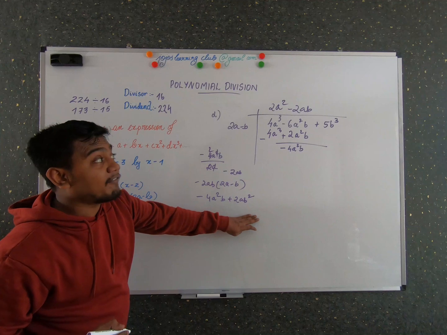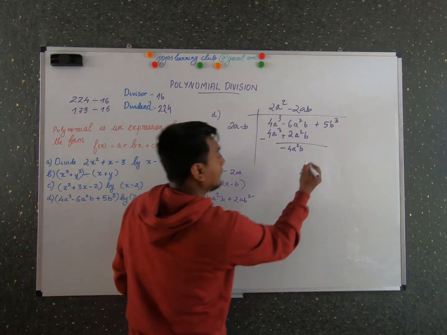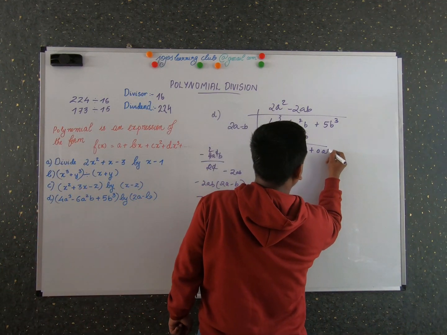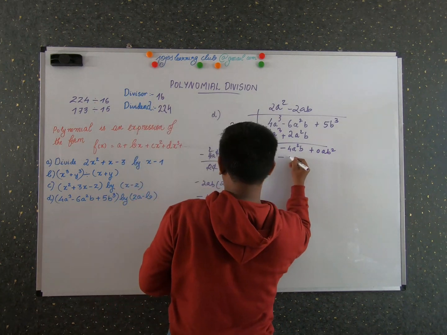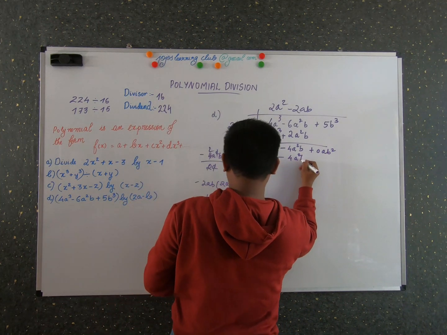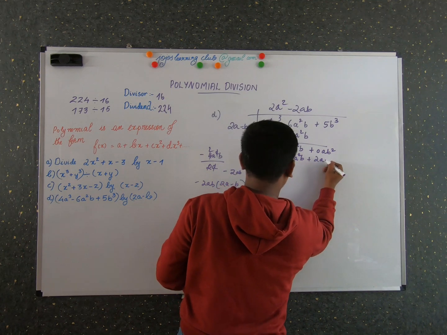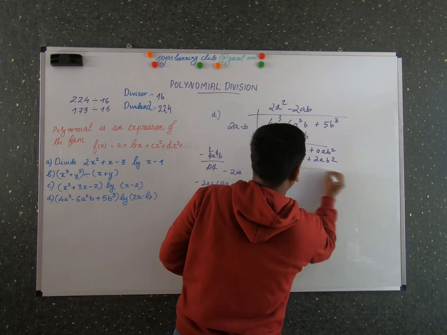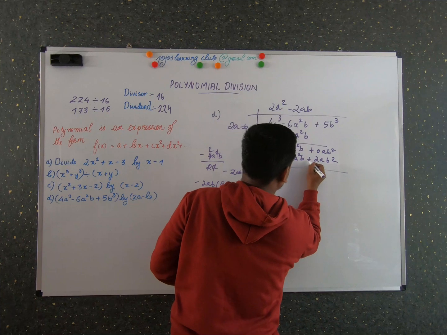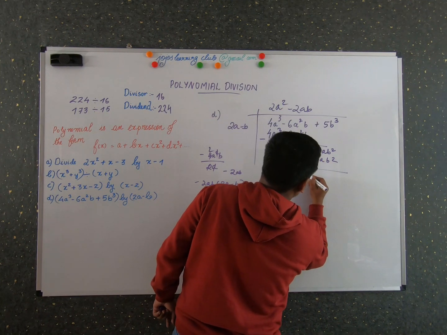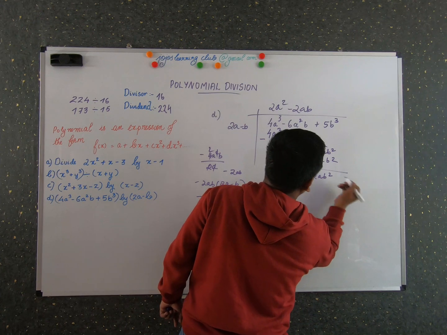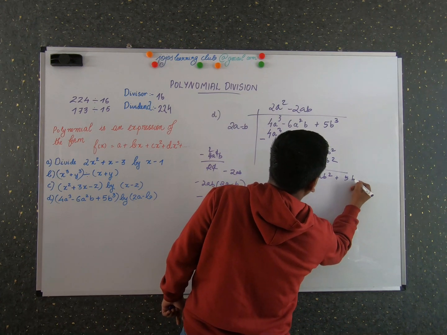But we don't have an ab square term, so what you have to write here? 0ab square, so you don't make any mistakes. So just write this term again back here, minus 4a square b plus 2ab square. Again do the subtraction, so it will become plus and this will become minus. So this gets cancelled and we get minus 2ab square plus 5b cube, right?